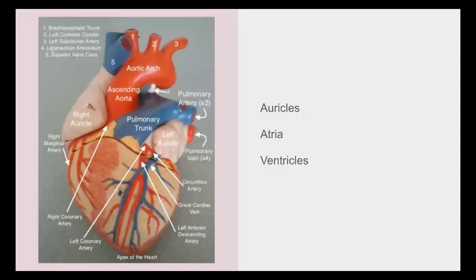And then we have some more general terms. I saved these for the end because I think most people are somewhat familiar with the heart. We have the auricles. Auricle refers to an ear-like appendage. Those are hanging out here associated with the atria.